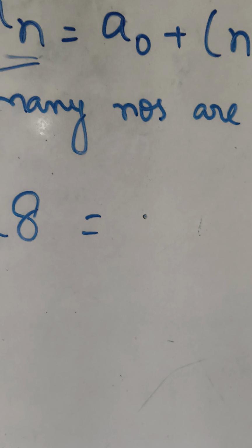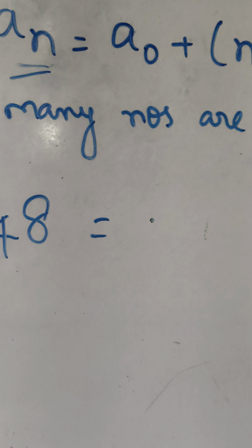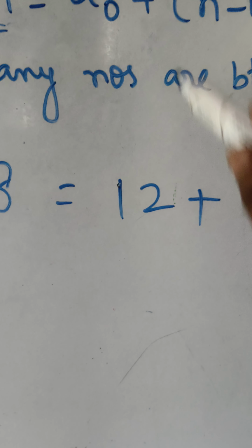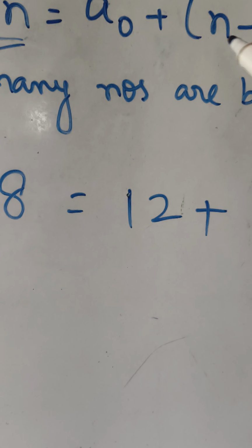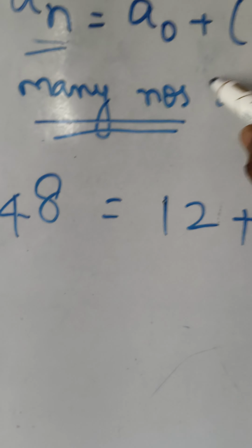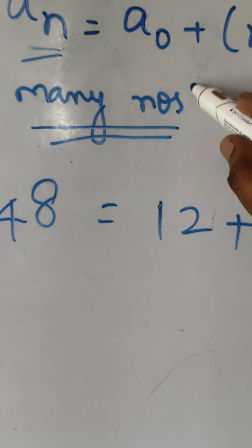The first number will be after 10: 11 is not divisible by 3, 12. So we can substitute 12 for a_0, and n is what we have to find out. That is n minus 1, and the difference is 3, since it is divisible by 3.